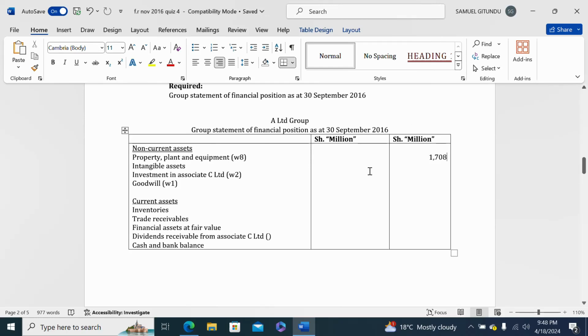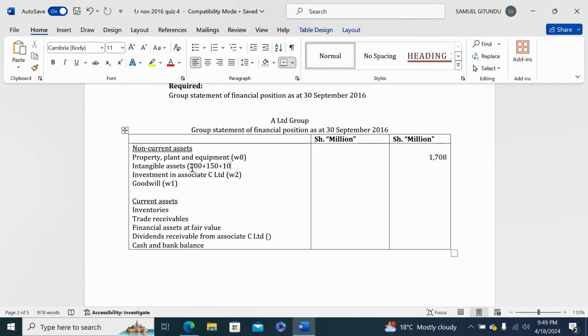Then we go to the intangible assets. We have the intangible assets of A, they are 200. We add the intangible assets of B, which are 150. Then there was the increase in fair value of the intangible asset by 10 million, because they were valued from 150 million to 160 million.